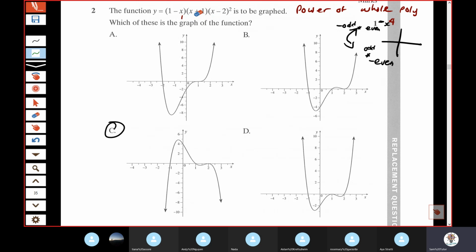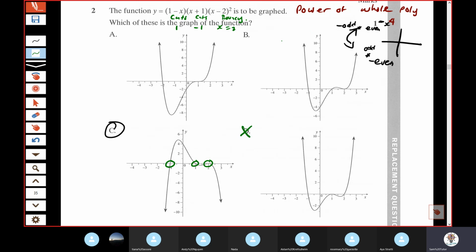Then the second part of our working out would have been each individual term. Individually, at -1 it cuts, at 1 it cuts, and at 2 it's bouncy.